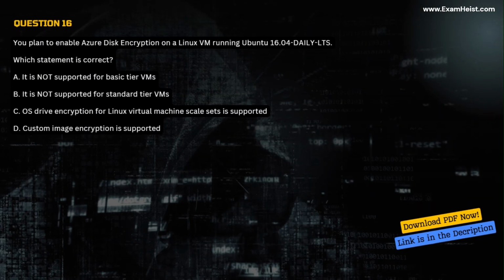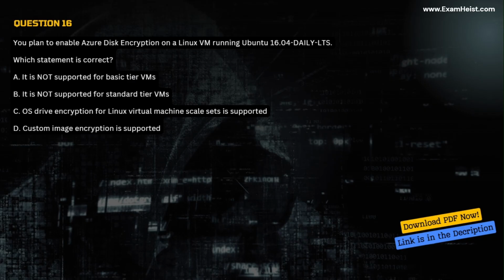Question 16. You plan to enable Azure Disk Encryption on a Linux VM running Ubuntu 16.04 daily LTS. Which statement is correct? A. It is not supported for basic tier VMs. B. It is not supported for standard tier VMs.